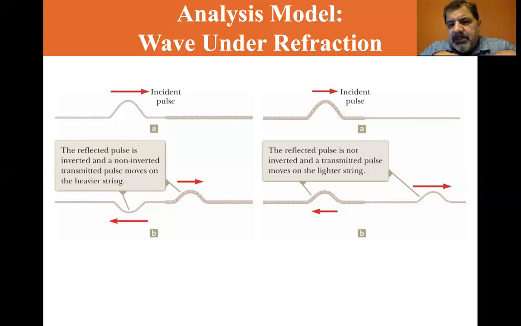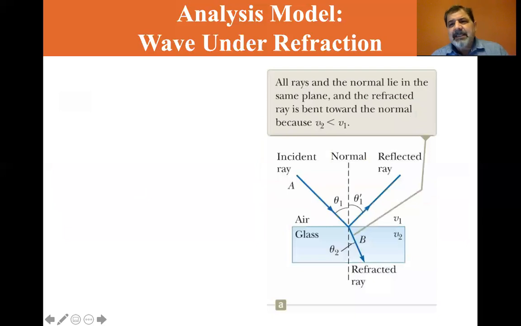The reflected pulse is not inverted and transmitted. The pulse moves on to the lighter string. We're not so much worried about the reflected, we're worried about the transmitted, and we're looking at light.